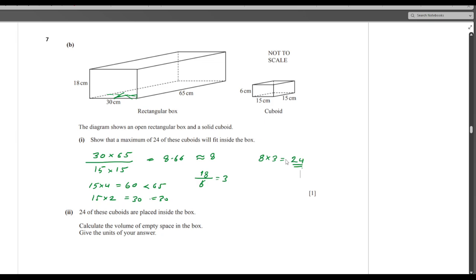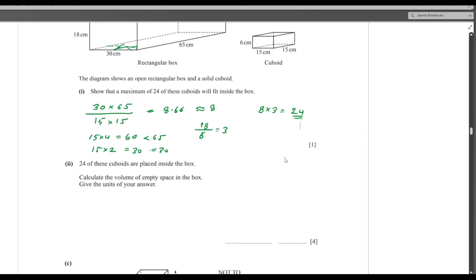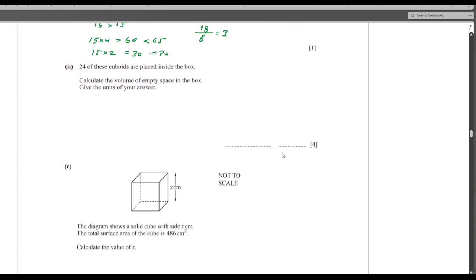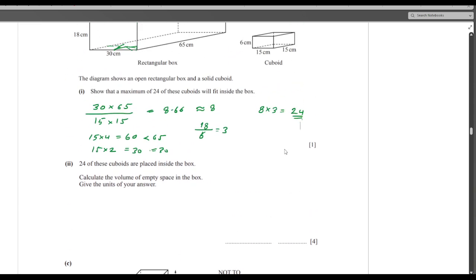Now 24 of these cuboids are placed inside the box. Calculate the volume of empty space in the box. Give the unit of your answer. Okay, so the volume of this rectangular box is 30 times 65 times 18, and the volume of these 24 cuboids is 24 times 15 times 15 times 6.